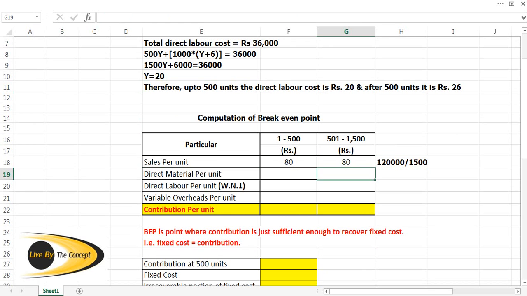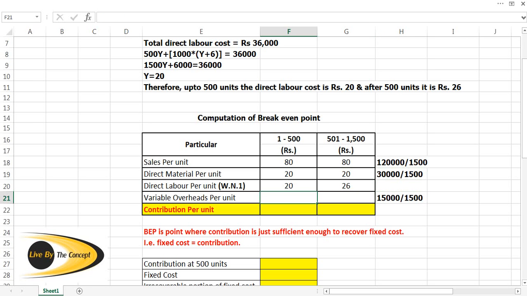Direct material, that is 30,000 divided by 1500. So we have 20. Whereas direct labor cost per unit, we have already calculated in working note number 1. Up to 500 units, it will be 20. Above 500 units, it will be 26. Variable overhead per unit, the total we have is 15,000 divided by 1500 units.